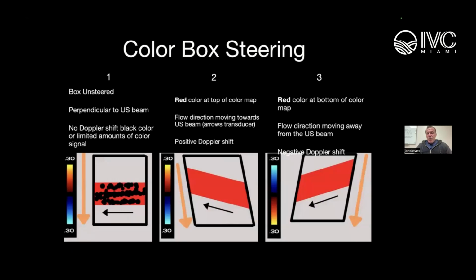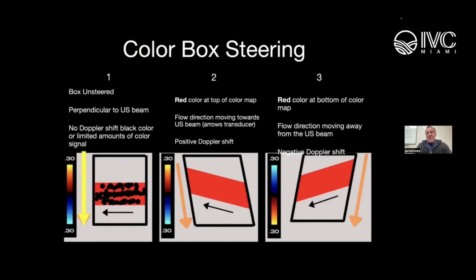Now, another really important point here is the color box steering. Here in number one, you can appreciate that the box is what I call unsteered. It's square, so it's perpendicular to the ultrasound beam.